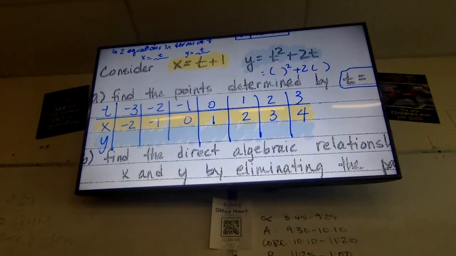So let's see. Okay, I'm going to do -3 squared plus 2 times -3. So -3 squared is 9. 2 times -3 is -6, so 9 minus 6 is 3. Okay. And I'll do -2. -2 squared is 4, and then 2 times -2 is -4. That's 0.